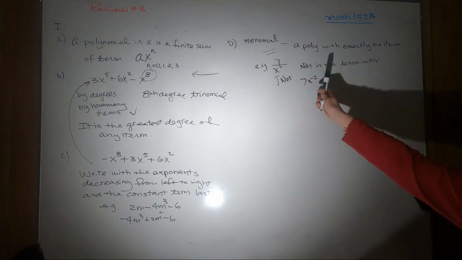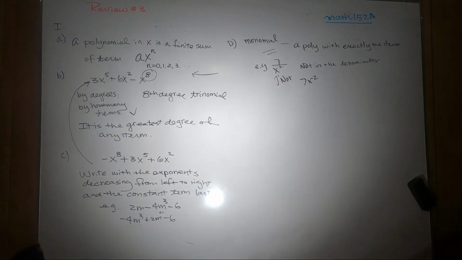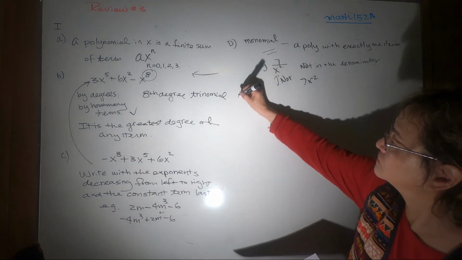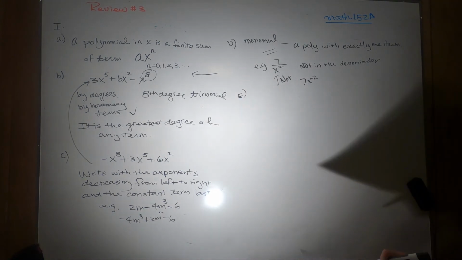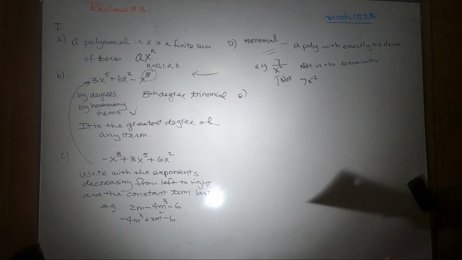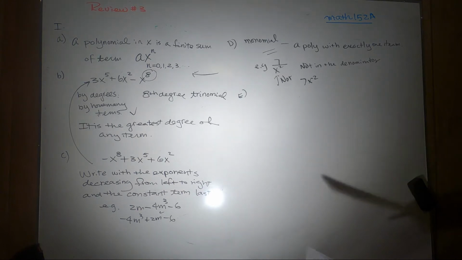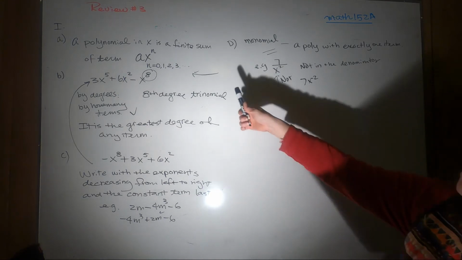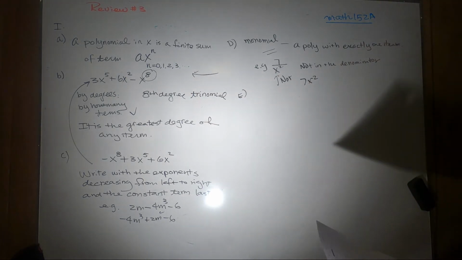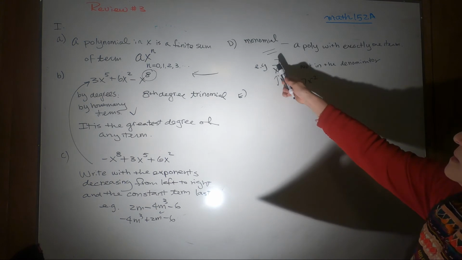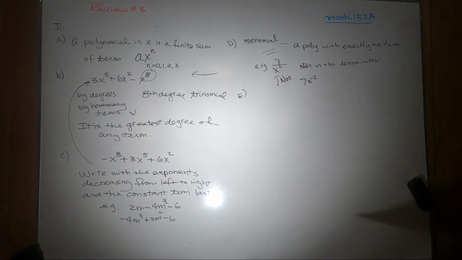If you have a negative power, it's not a polynomial, right? Next one. For the polynomial, the power needs to be 0 or positive. Remember that. We have different names for those. You learn in your 152B class.